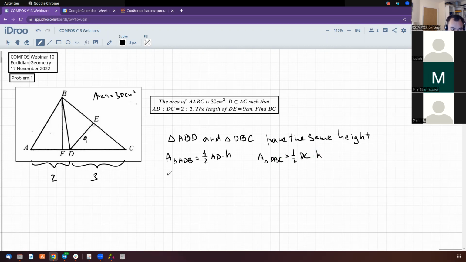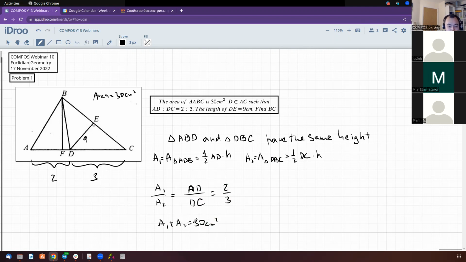Let's call this area 1 and area 2, just for simplicity. Now A1 divided by area 2 is the ratio of these. So it's AD to DC, which is 2/3. So we can already find the areas, because we know that A1 plus A2 is 30 square centimeters.